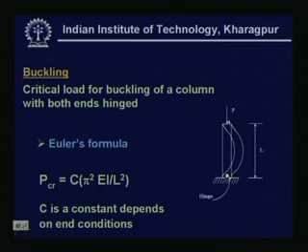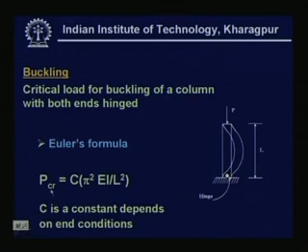Now, in this case there is a famous formula called Euler's formula to find out a critical load, which is given by this expression where C is a constant that depends on end conditions, meaning whether it is hinged or free end; both ends could be hinged, both ends could be fixed. There are various types of end conditions, and depending upon that you can have a value of C. The other terms are known to you: E is the Young's modulus, I is the moment of inertia, L is the length as defined over here.